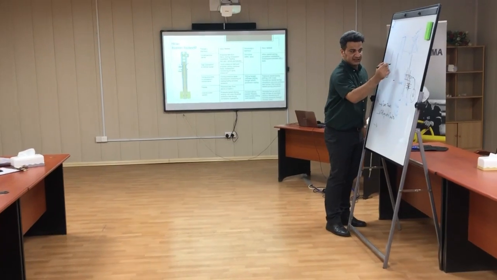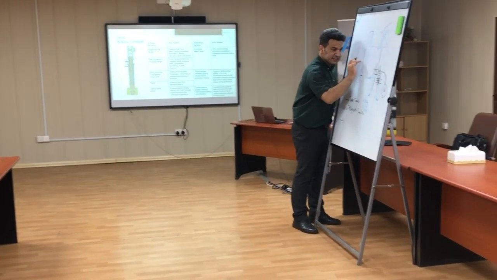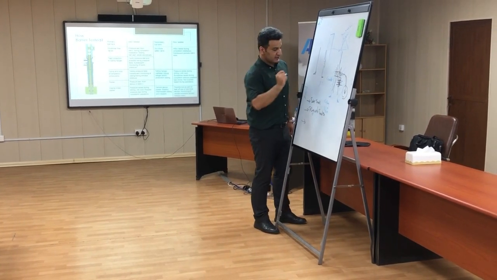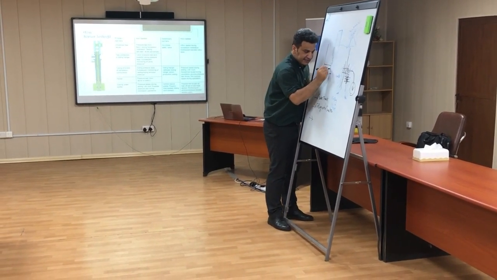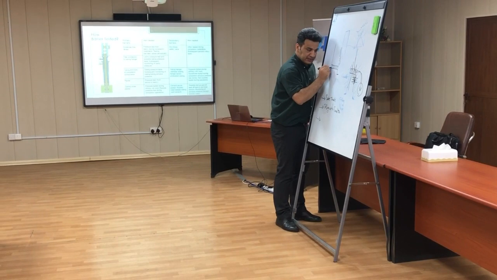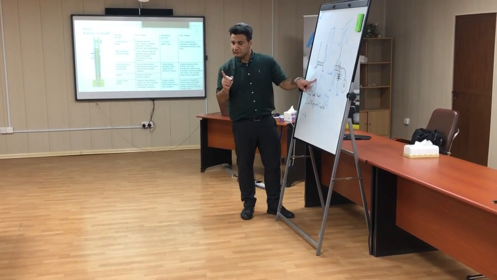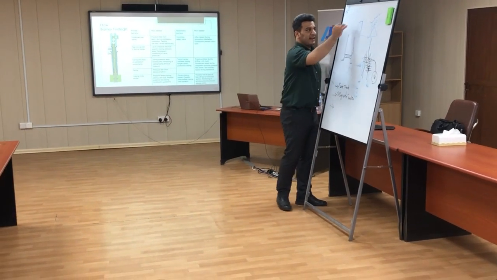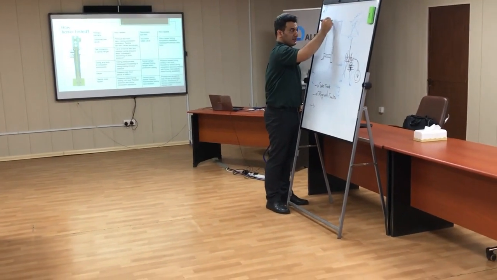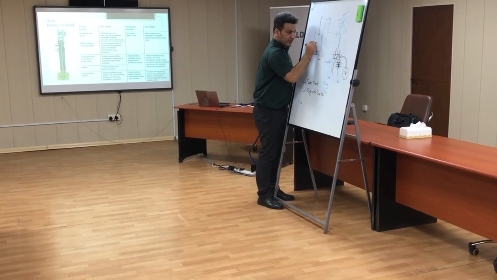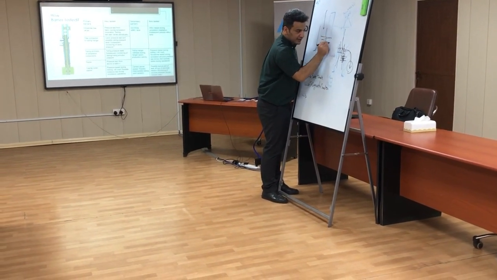For this type, this is the casing. Suppose that this interval is damaged, okay? At first, set a plug. The name of this plug is bridge plug, okay? At the second part, run a perforation tool and perforate this interval.